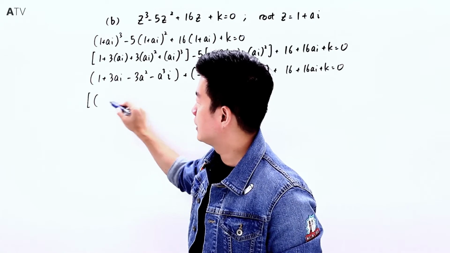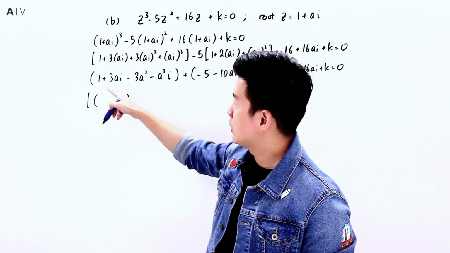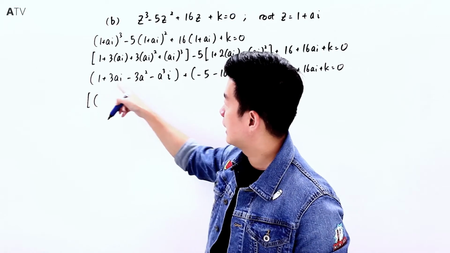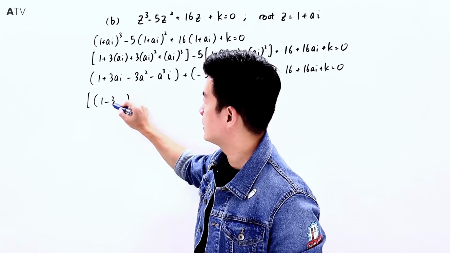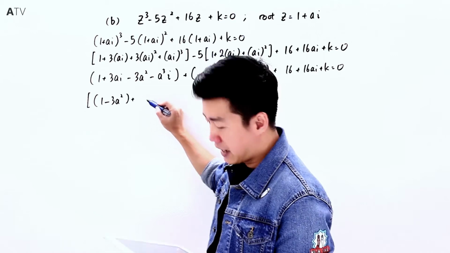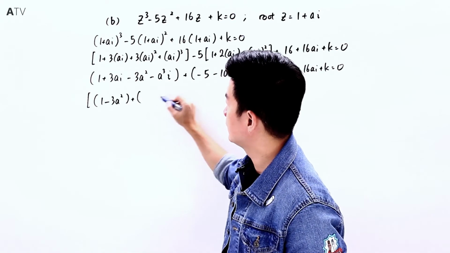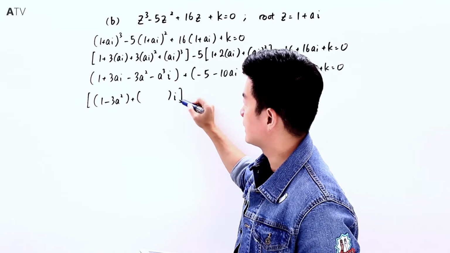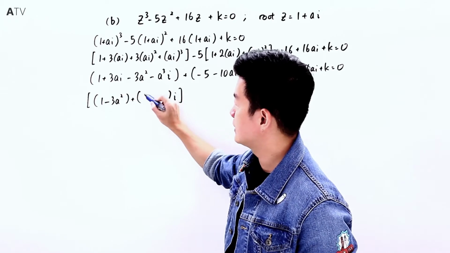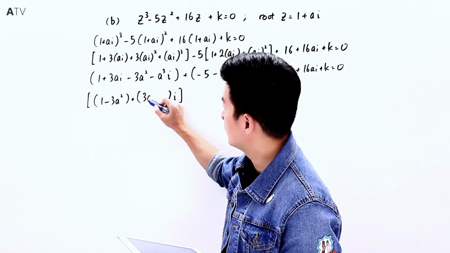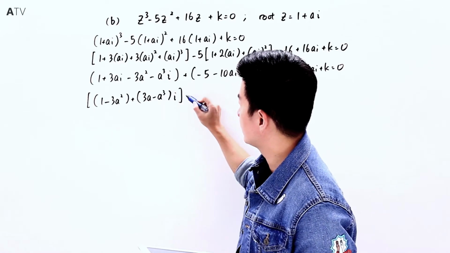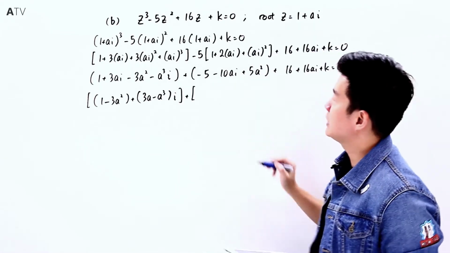If I were to group the real together, the real consists of this and this. So 1 minus 3a squared. And the imaginary portion is going to be those that have i, this and this. So we will have here 3a minus a to the power of 3. We'll do the same thing for this.